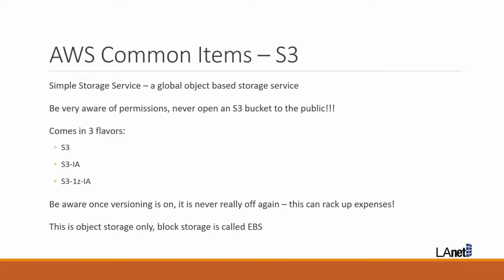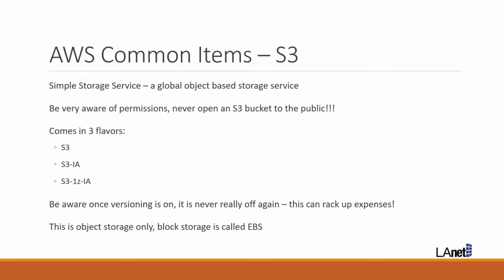And in S3 1Z, I believe it's 3 nines, or maybe 3 nines and a 5. I can't recall right off the top of my head, but effectively you give up some reliability to save even more money, right? And remember, if it has the infrequent access, that means it's not going to be the high performance storage that you might necessarily want, right?